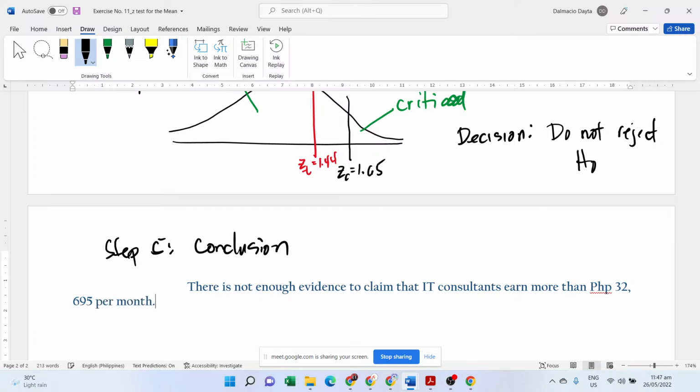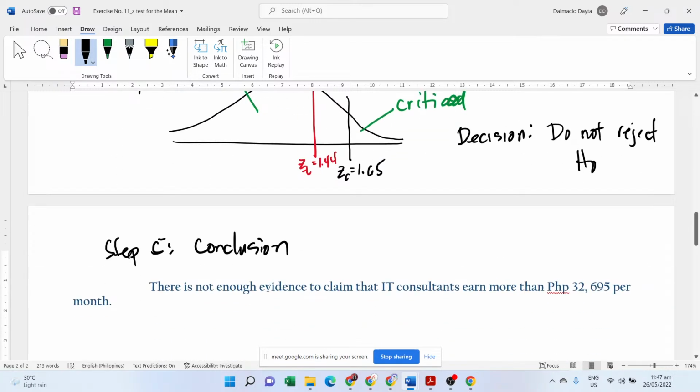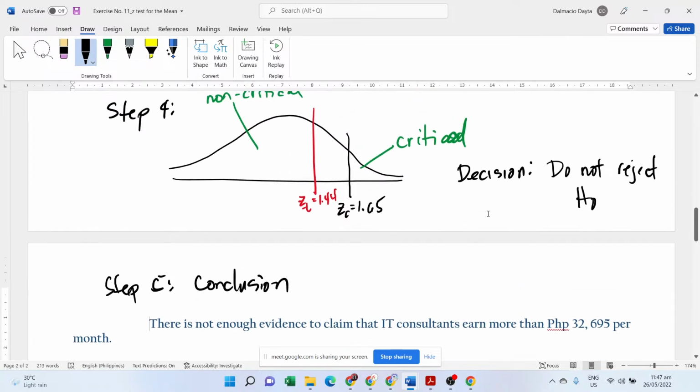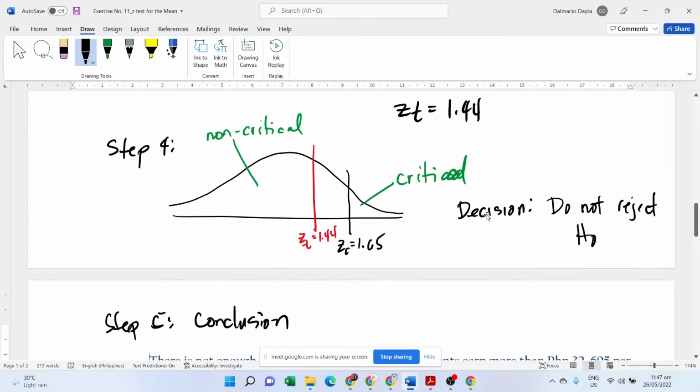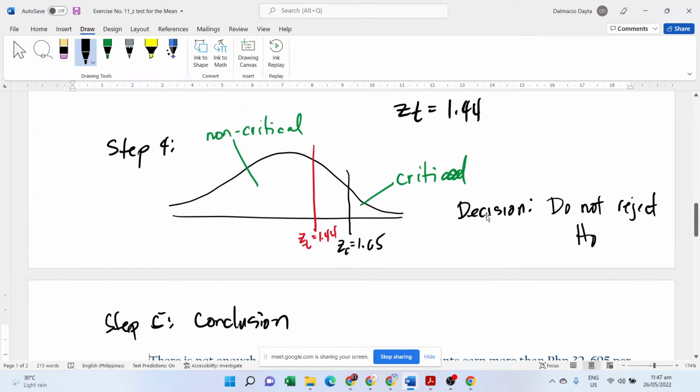O, liwanag, ano, yung 34,210 ay mas malaki sa 32,695. And yet, after hypothesis testing, there is not enough evidence to claim that they earn more than 32,695. So, hindi porket lumilitaw na mataas, yun na talaga yung magiging decision. That's why we have hypothesis testing.